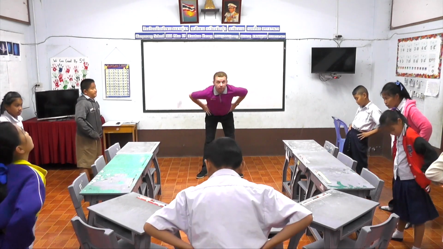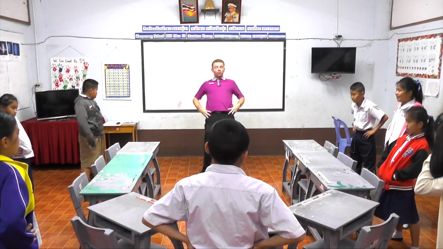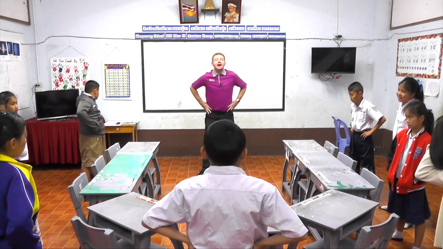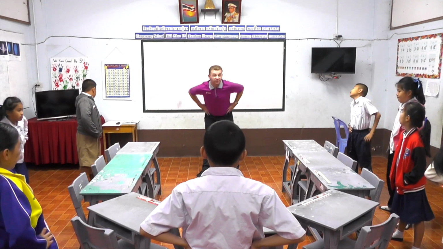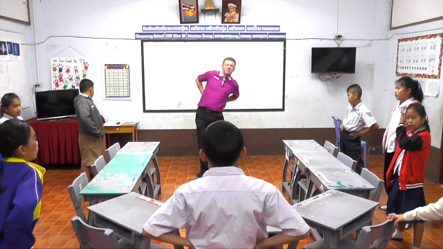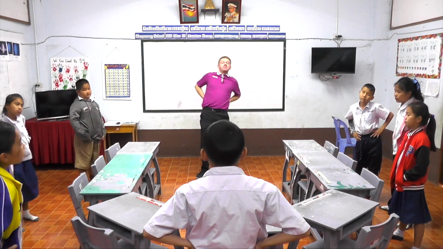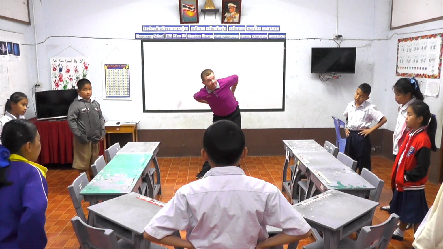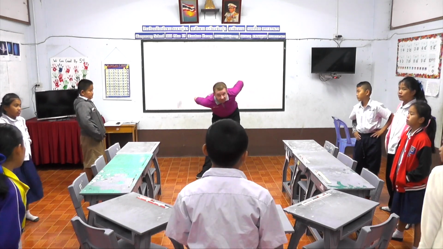Forwards, backwards, forwards, backwards, forwards, backwards, and stop. And then we can go round and round, round and round. Give our spines a nice stretch. Round and round. Then back the other way. Round and round the other way.